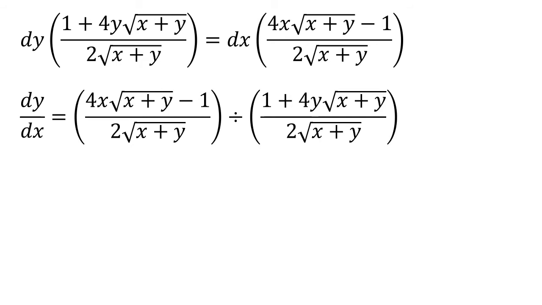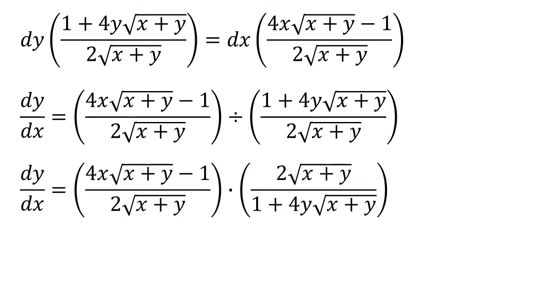So remember, we are dividing rational expressions. So just change the operation into multiplication, then express the divisor in its reciprocal. That's why it will become multiplication.